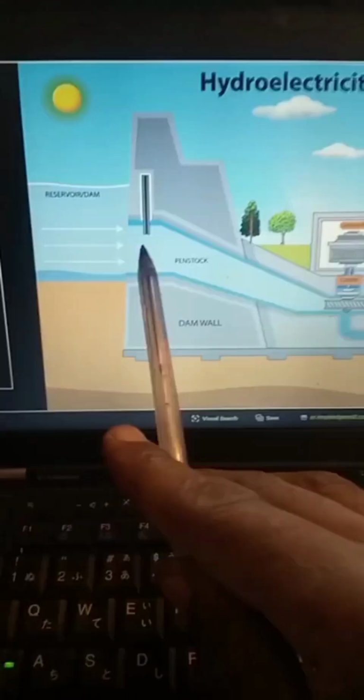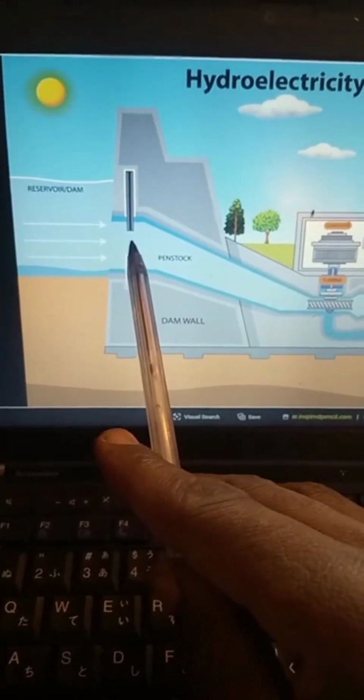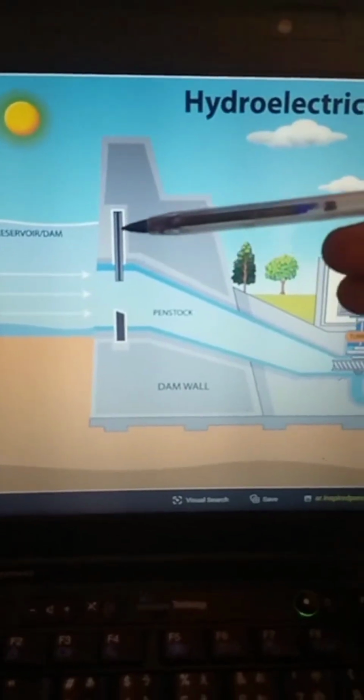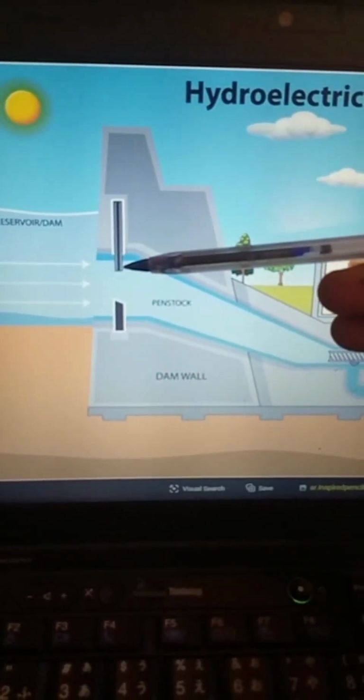So we have a gate. This gate is operated using motors to raise and lower the upper part. This is the movable part, this is the non-movable part, so you can raise and lower this point.